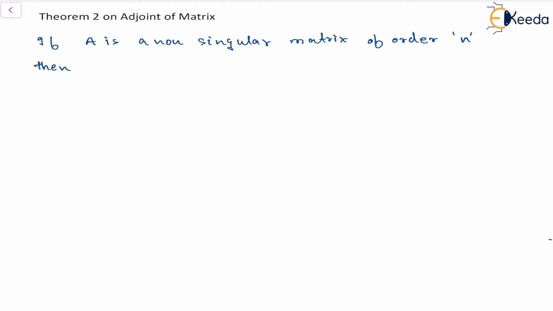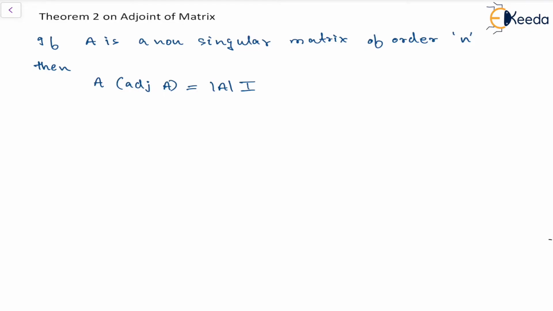So, it says if A is a non-singular matrix of order n, let's say, then, as we have already seen in the previous theorem, A times adjoint A is equal to determinant of A times the identity matrix of order n, and the other one also.